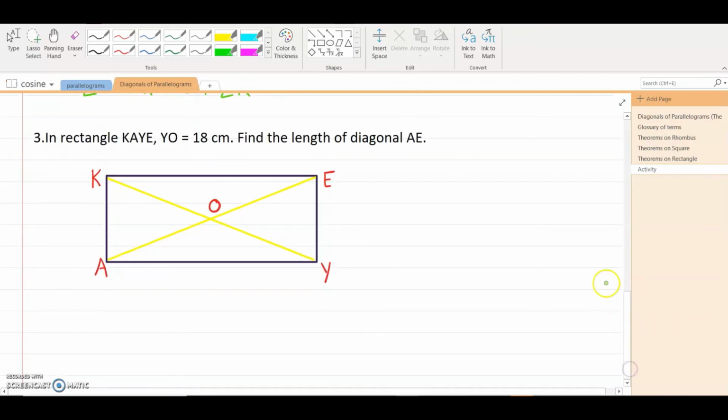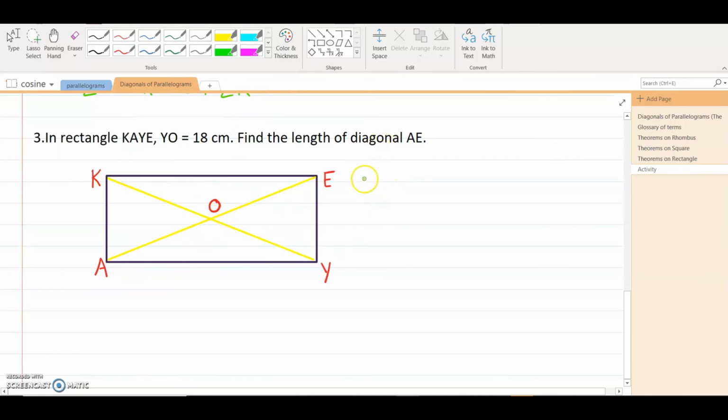And then to our last activity, number 3. In rectangle KAYE, YO is 18 centimeters. Find the length of diagonal AE. So we know that in a rectangle, or in a parallelogram in general, since a rectangle is a parallelogram, the diagonals bisect each other.